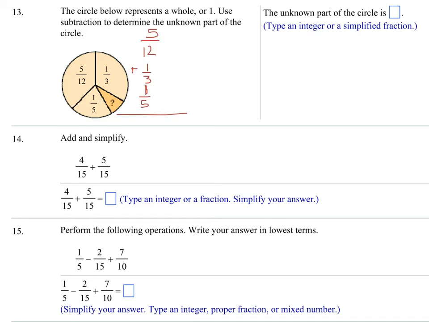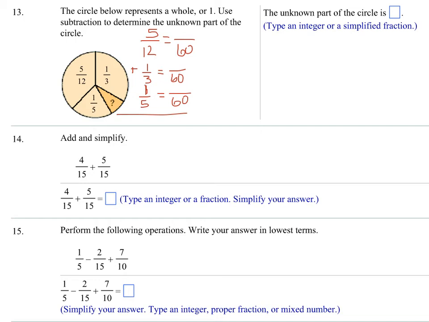5/12 plus 1/3 plus 1/5. I need to find a common denominator. I know that 60 is a number that 12, 3, and 5 go into, so 60 is my common denominator. I'm going to make equivalent fractions, so 5/12, 5 parts out of 12 whole parts, is equal to how many parts out of 60?